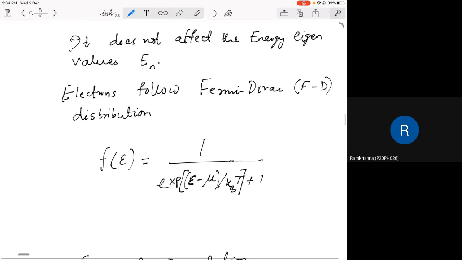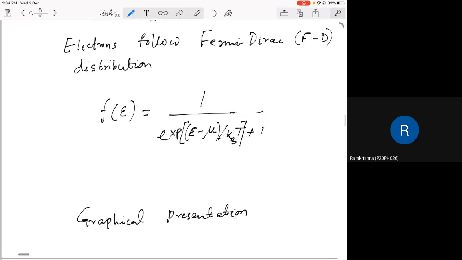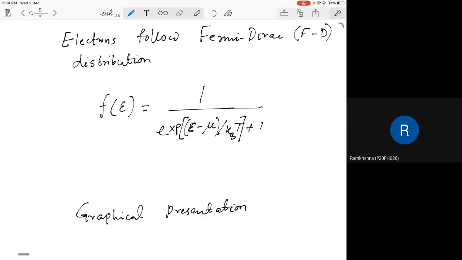And that is typically described by the Fermi-Dirac distribution, which I already wrote down here. This is again a statistical distribution. A classical particle will always follow a Maxwell-Boltzmann distribution, but a quantum particle, depending on whether it is a fermion or a boson, can follow different distributions.